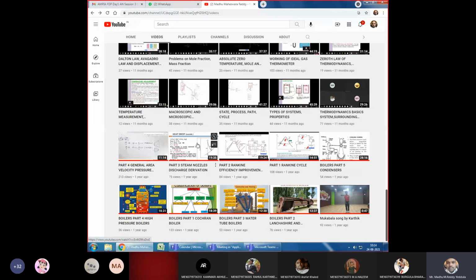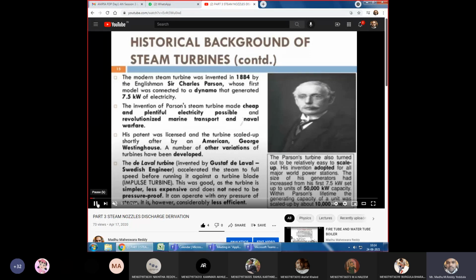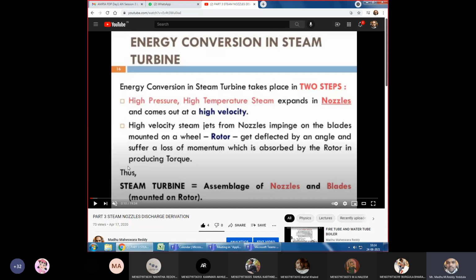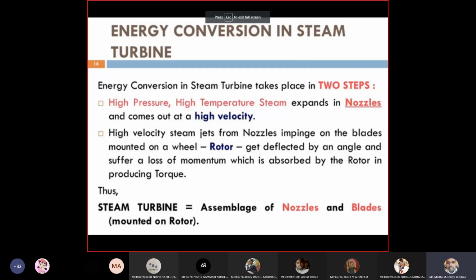Now we will see about steam nozzles. Efficiency of the Rankine cycle: in that we discussed superheating, reheating, and regeneration.